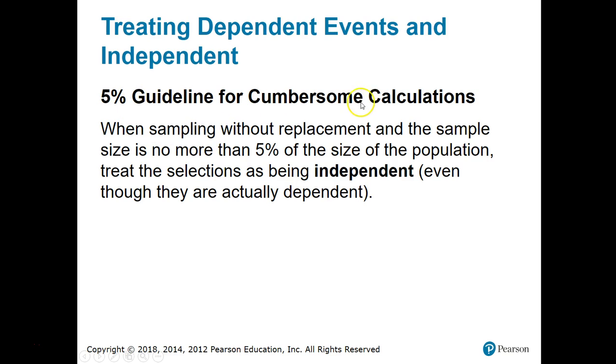When sampling without replacement and the sample size is no more than 5% of the population size, treat the selections as being independent, even though they're actually dependent. And that's because you will have such a large population. The reason being is that taking out that few people isn't going to make a huge difference. So just treat them as independent.